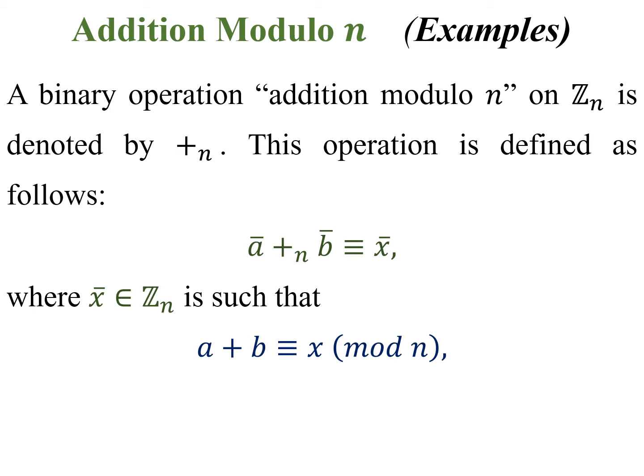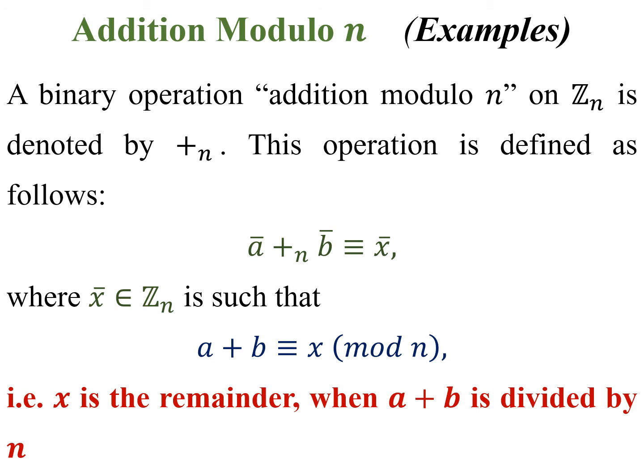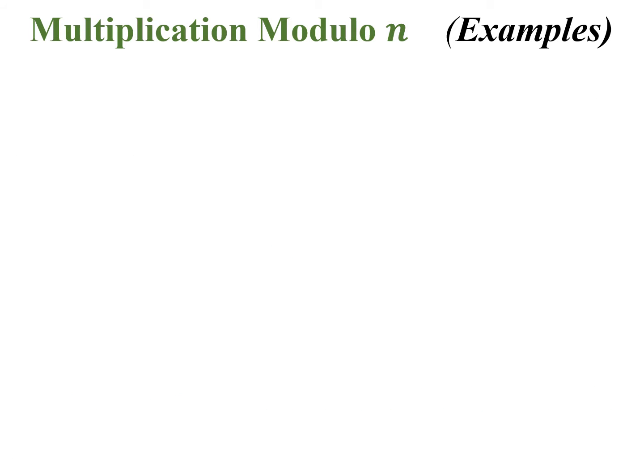So whenever you have two residue classes in Zn, after adding them, the residue class obtained, class of x, is such that x is the remainder when a plus b is divided by n. Another binary operation on residue classes modulo n is multiplication modulo n.